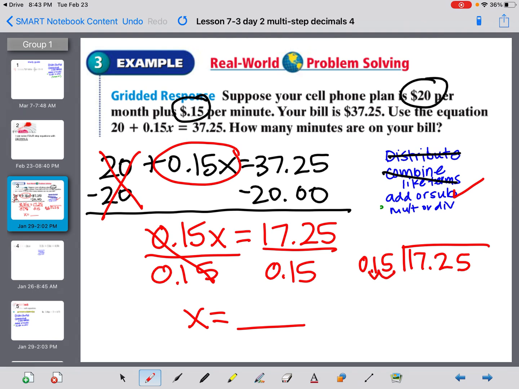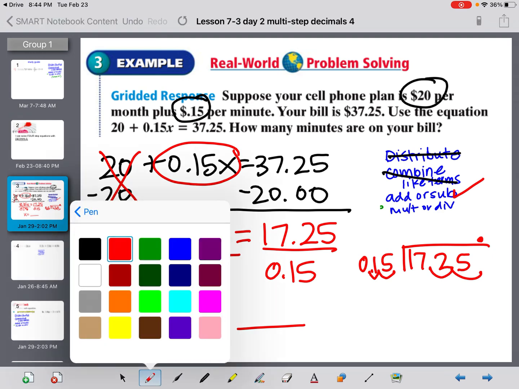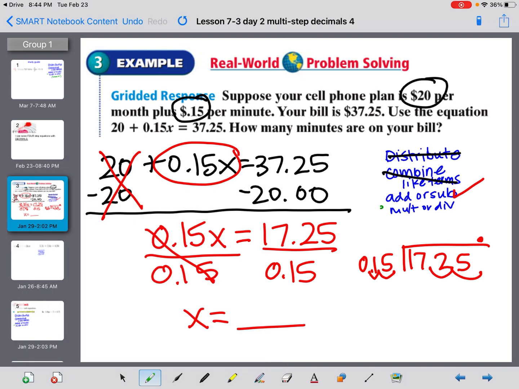No decimals outside, move the same inside, decimal goes up. 15 does not fit into 1, but it fits into 17 one time. Are you solving with me?